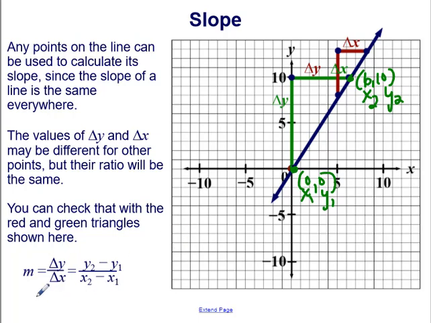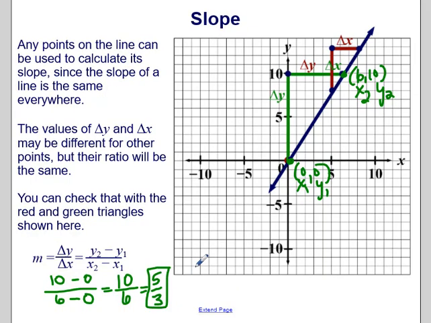So we have 10 minus 0 as y2 minus y1, and 6 minus 0 as x2 minus x1, which simplifies to 10 over 6 and reduces to a slope of 5 over 3. So that is the slope from the delta y and delta x of the green from those 2 points.